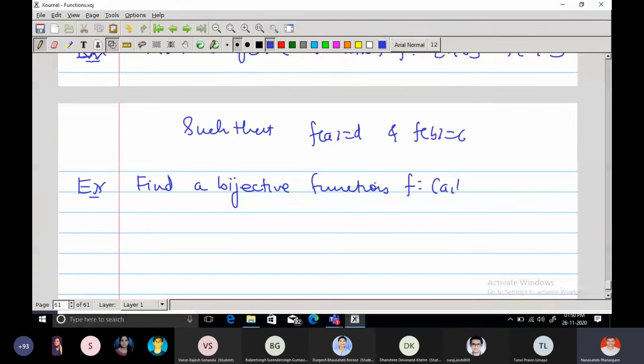Right, if I define f of x is equal to (c minus d) upon (a minus b) times x plus (ad minus bc) upon (a minus b), will the same function work? Will the same formula work here?